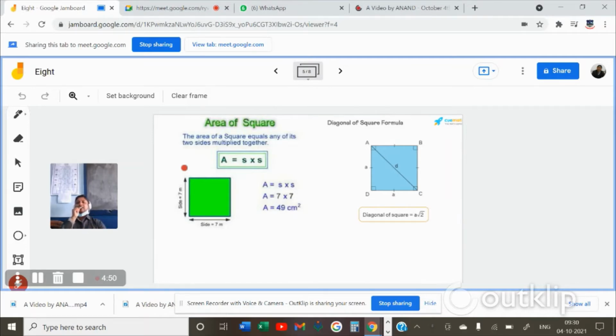This green, okay, can you tell me what are the sides of this square? What is the size of the side? Yeah, that means this is 7 meter, this is also 7 meter, this is also 7 meter, and this is also 7 meter. The beauty of a square is that all the four sides are equal, right?